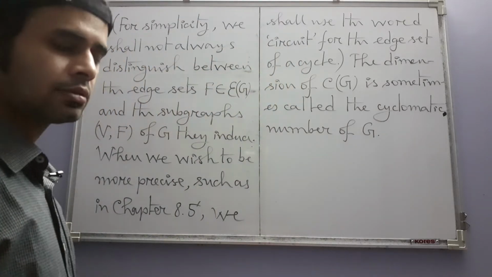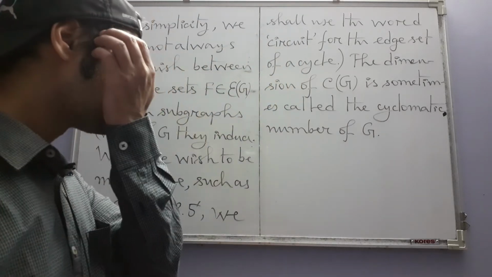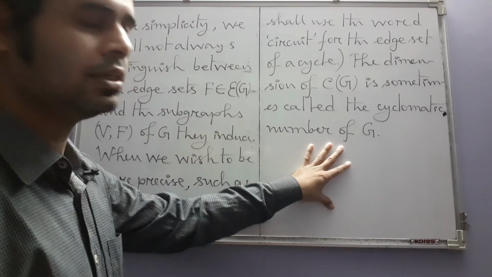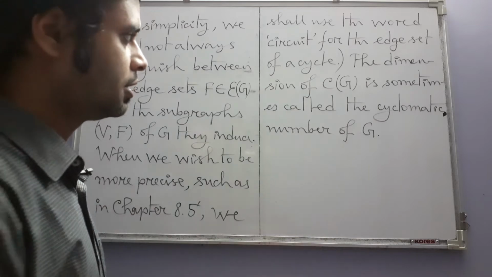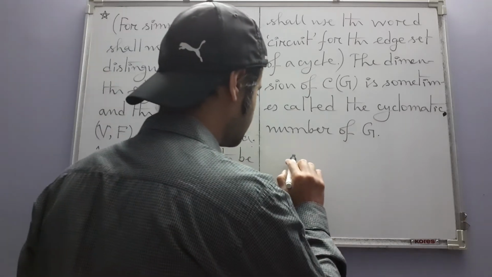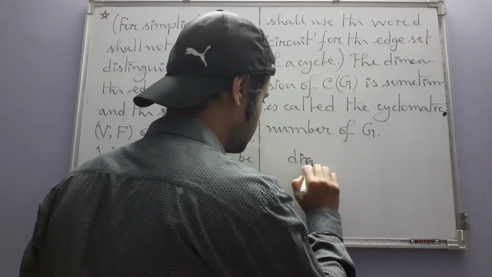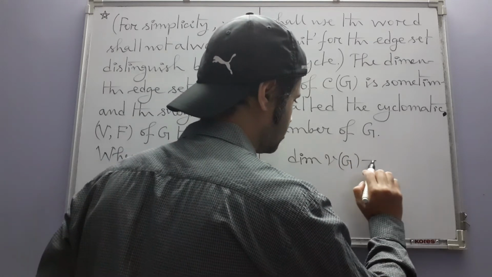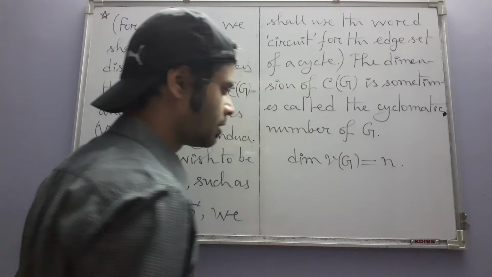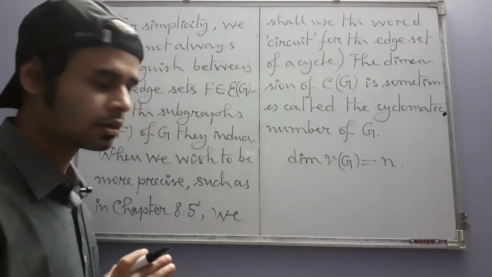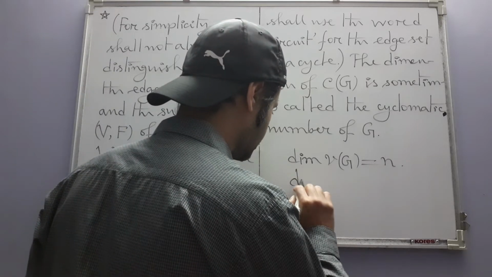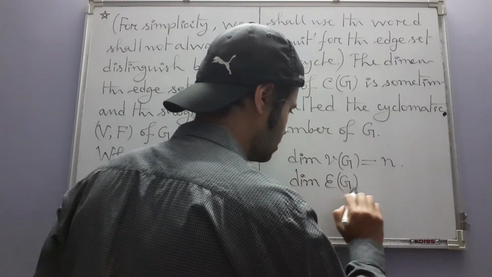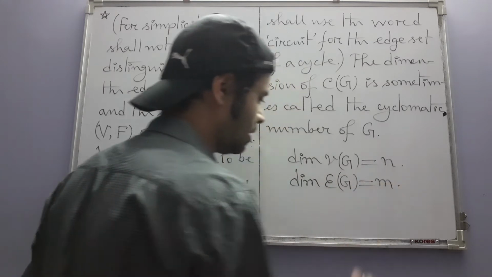about which I am sure there will be some result, but right now we can say one thing immediately. You see, just like the dimension of the vertex space of G is n, the number of vertices in the graph, the dimension of the edge space of G is m, the number of edges in the graph.